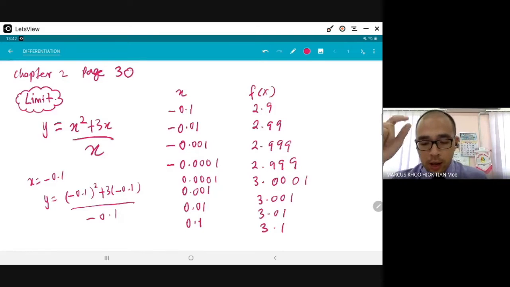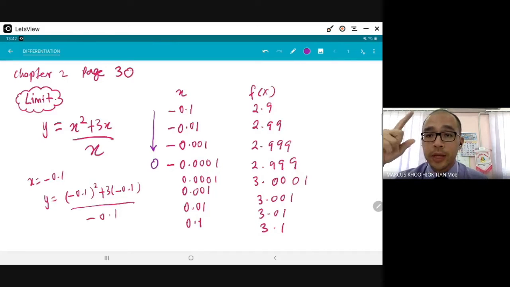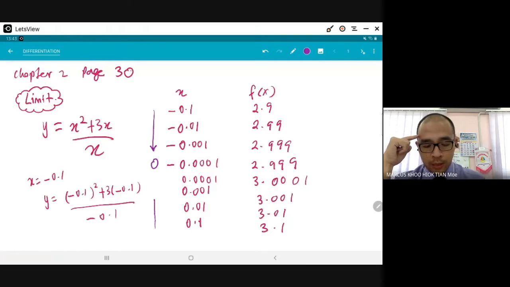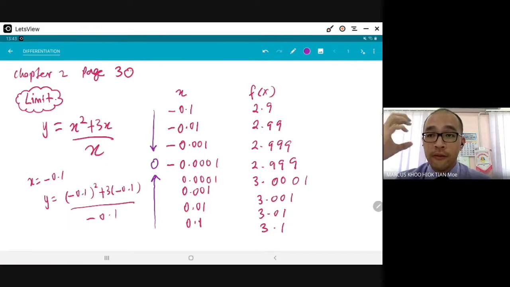Okay. Now, I want you to look at the pattern of these numbers. Kita dapati bahawa x ini makin lama dia menuju ke nombor kosong. It's becoming smaller and smaller, and it looks like it's going to reach 0. Begitu juga dengan nombor yang start dengan 0.1, it's getting smaller and smaller, and it seems to be going nearer and nearer to the value of 0.